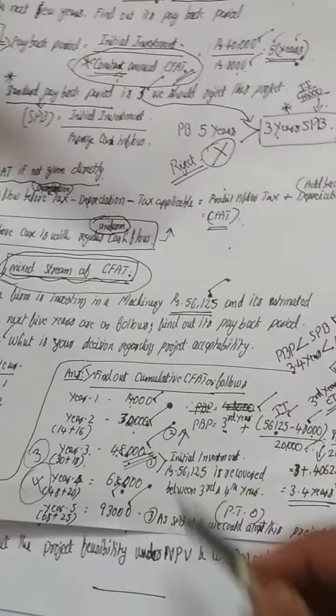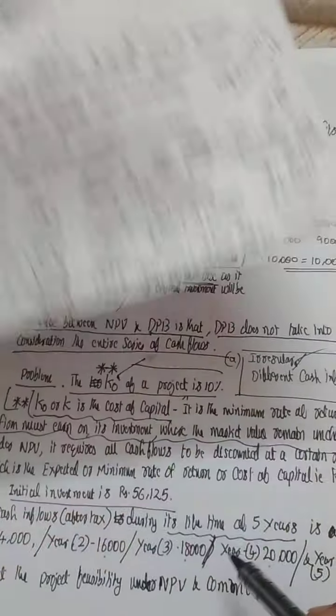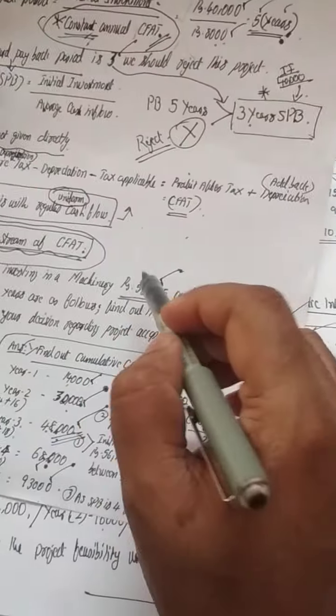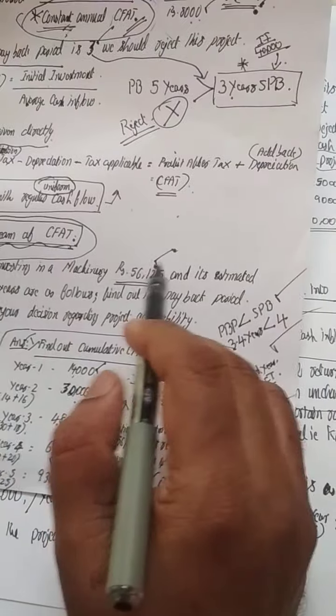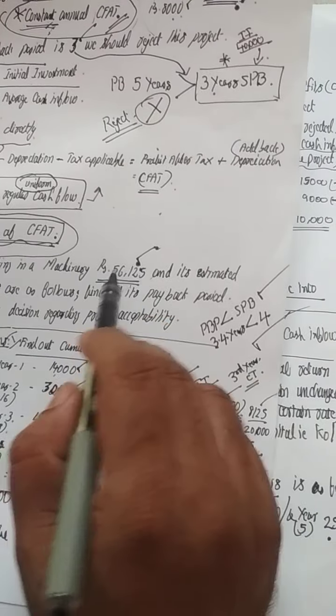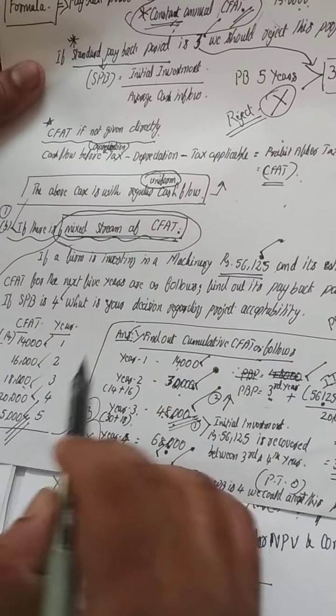So I am taking the same problem here in order to compare the payback method, a non-discounting technique, and NPV, a discounting technique. The problem is the same: the firm is investing 56,125 and the returns are for the 5 years. For your reference, I had shown that paper.